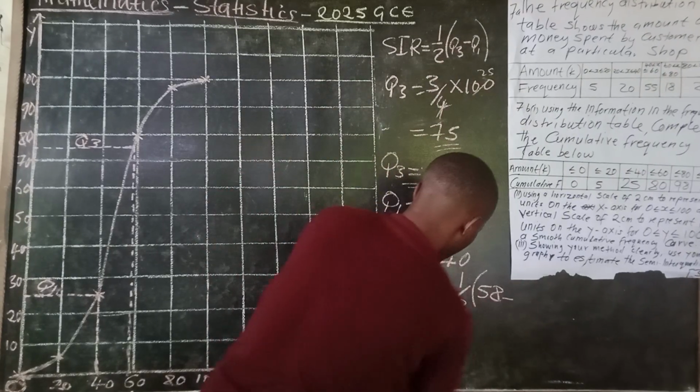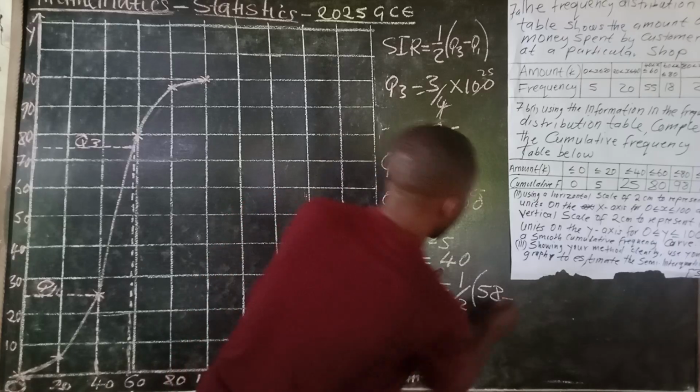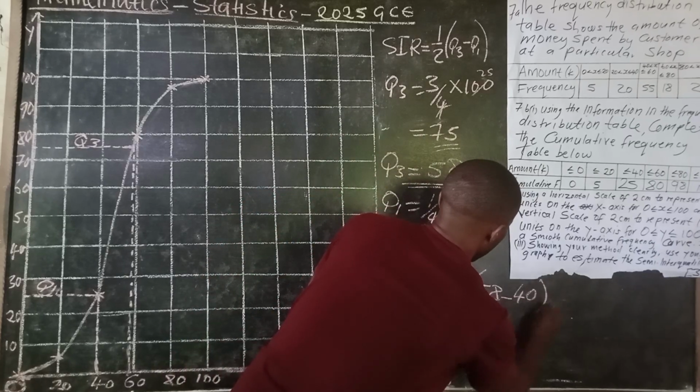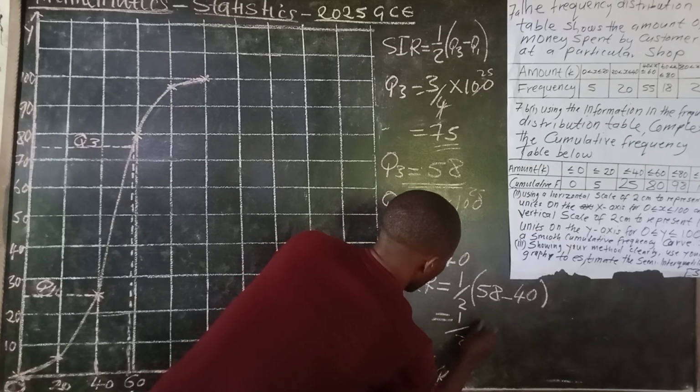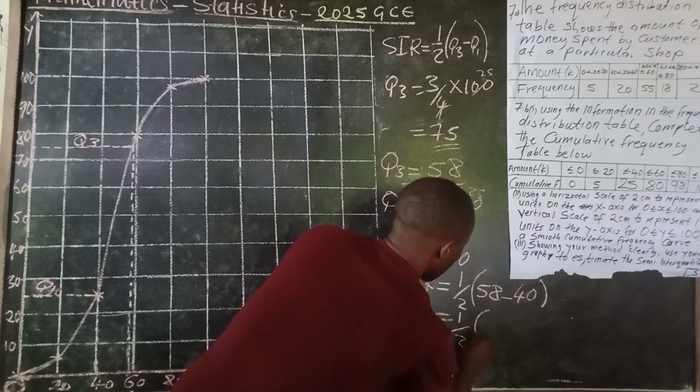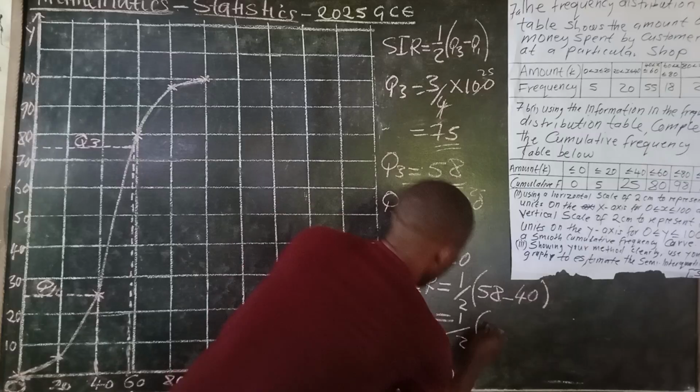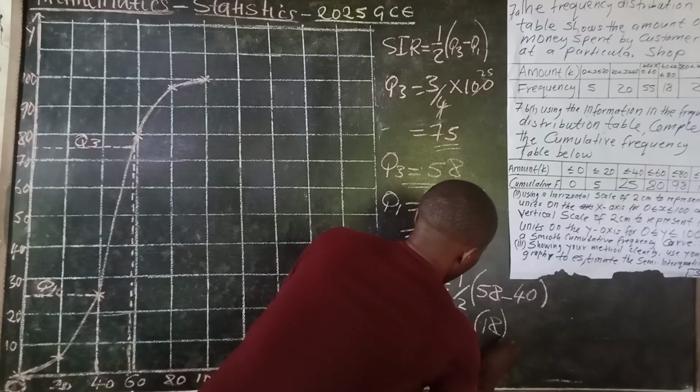Then minus lower quartile, which is 40. You write 40 there. Then 1 over 2. When you subtract, what are you going to have? 18.